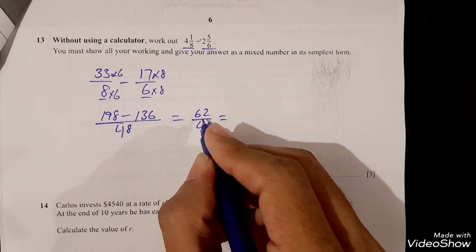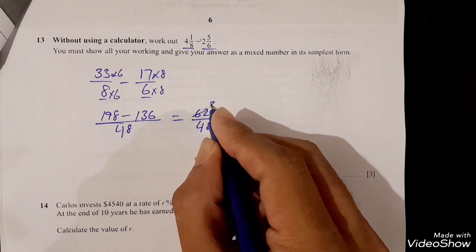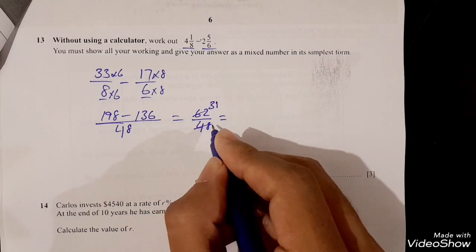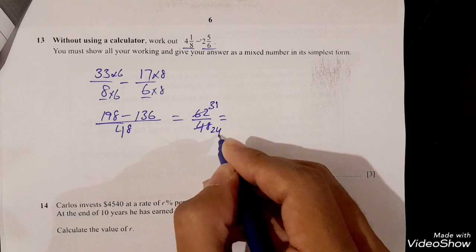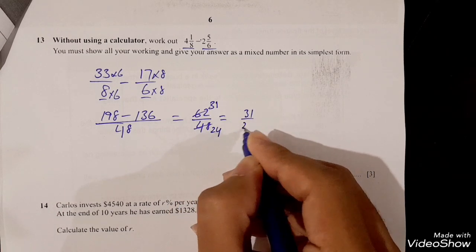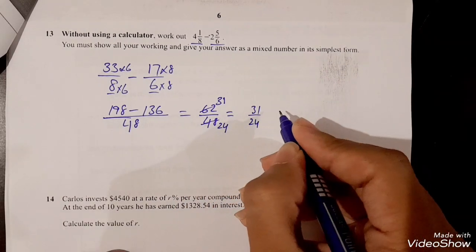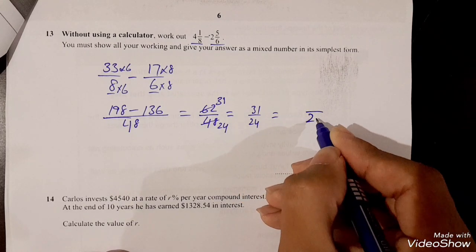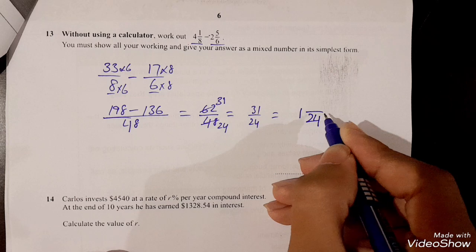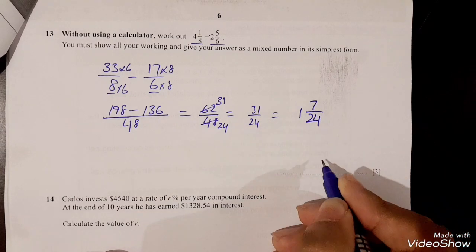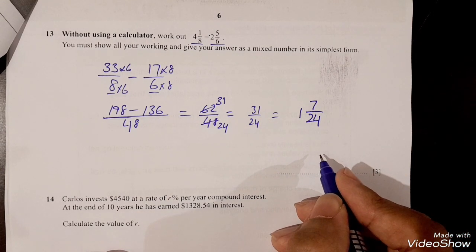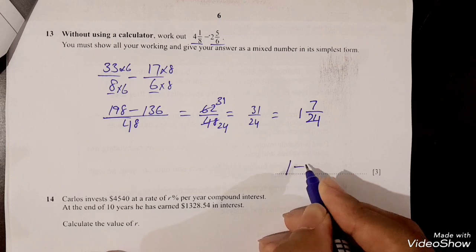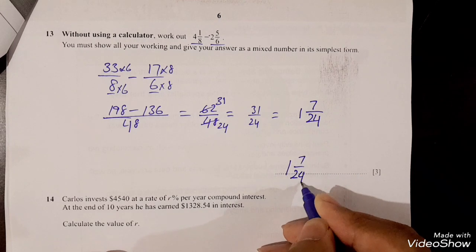First we will simplify this by 2. So 31, and 48 divided by 2 is 24. So 31 over 24. Then in mixed fraction, this will be 24 times 1 plus 7. So the mixed fraction will be 1 and 7 over 24.